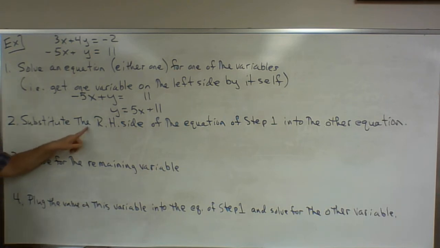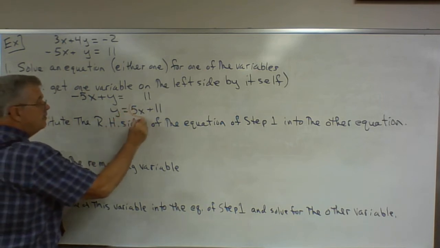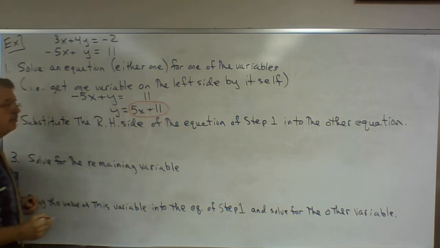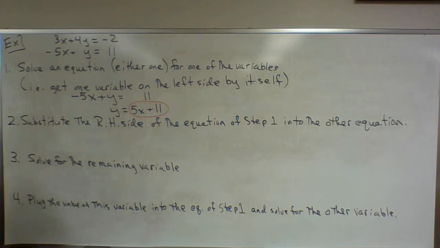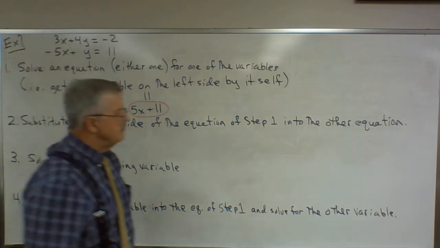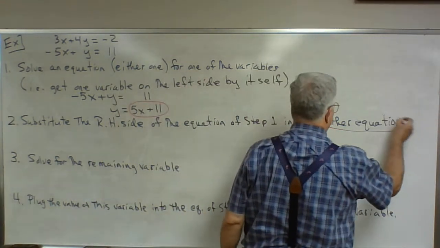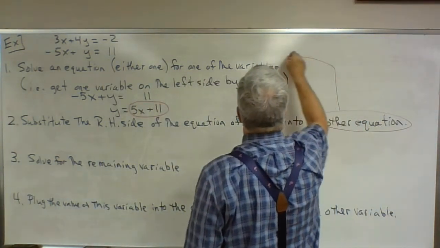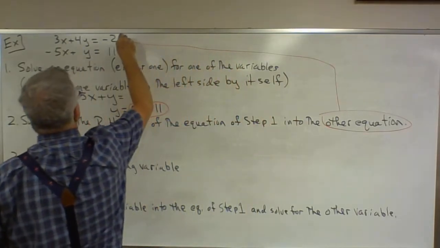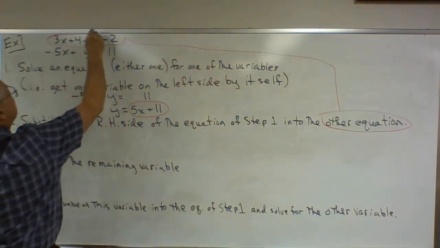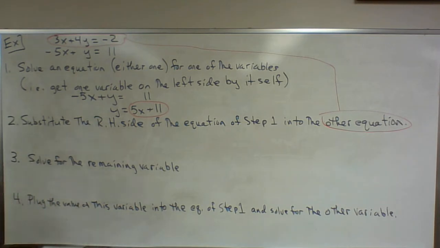Step 2 says, substitute the right-hand side of the equation in step 1 into the other equation. Okay, well this is the equation we used in step 1. So this must be the other equation, so to speak.